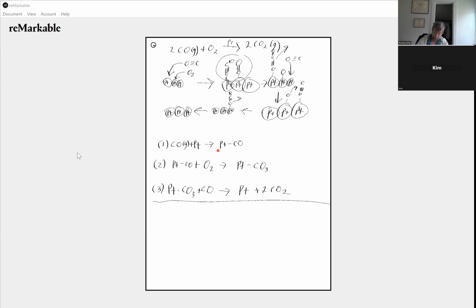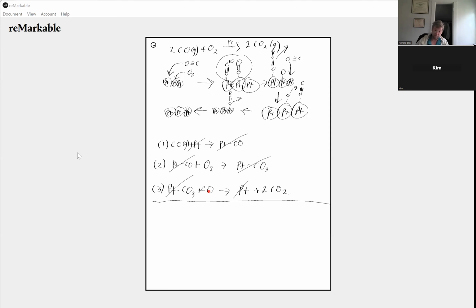Notice that this platinum carbon monoxide cancels. Notice that this platinum carbon trioxide cancels. And notice that the platinum actually cancels as well. So our catalyst is involved in the reaction, but it's not in the reaction. It doesn't actually stay in the reaction, so it does not react. But now what's left?